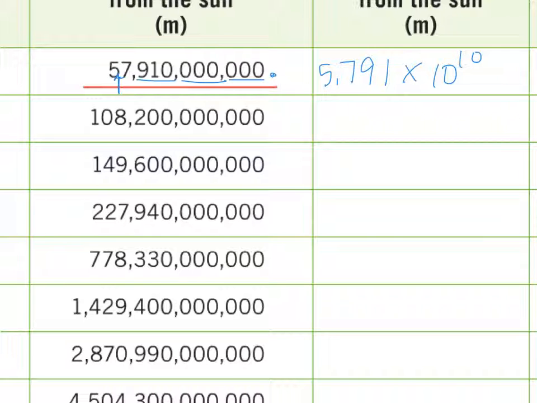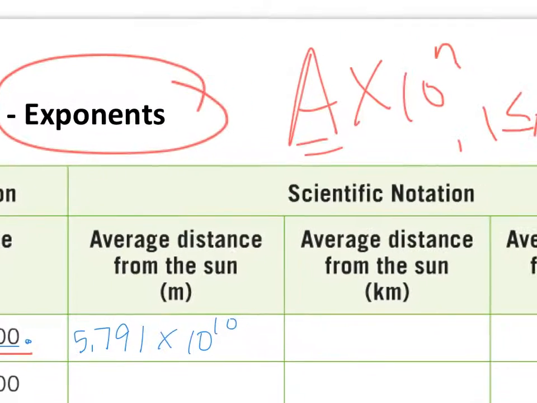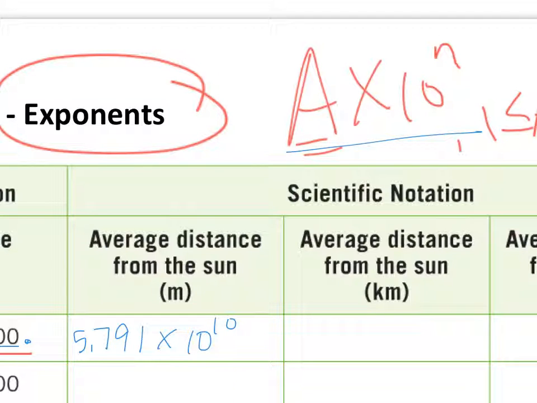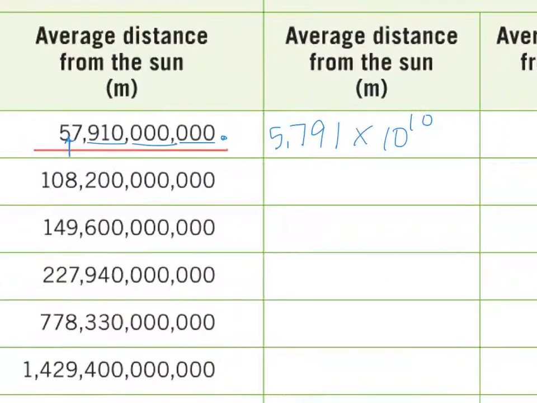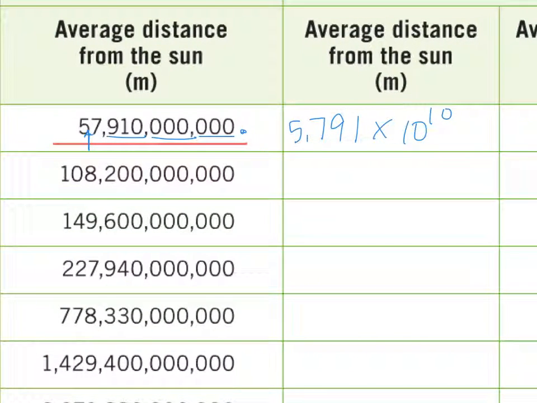So again, if we recall, this is the form of scientific notation. When we rewrite any number from standard form to scientific notation, we need to locate A first. A is going to be a number between 1 and 10.